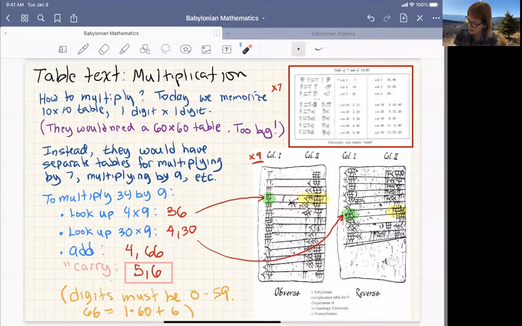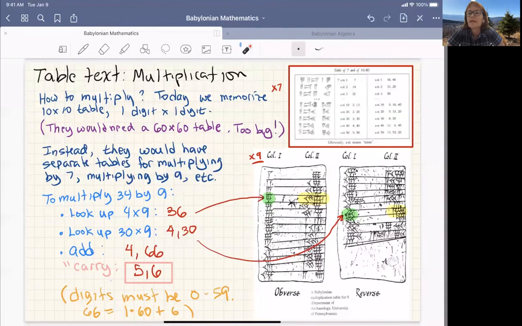In any case, the 30 goes in the ones column. You add them and you get 66, and then you have a 4 plus nothing in the 60s column. So you get 4, 66. But the problem is the digits have to be 0 through 59.